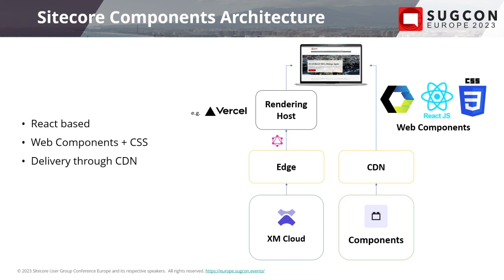So it's just a tag that we embed, and then it delivers everything to our rendering host and renders it out based on the app that we have created. And then client-side, it loads the web component from the CDN. So we embed just a tag, and then get everything loaded client-side.